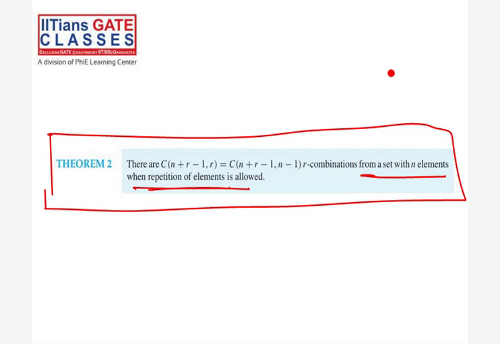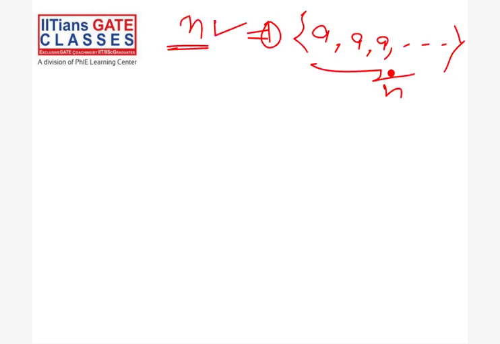He is saying that you want to select r elements from a set of n elements when repetition is allowed. So the statement is different.